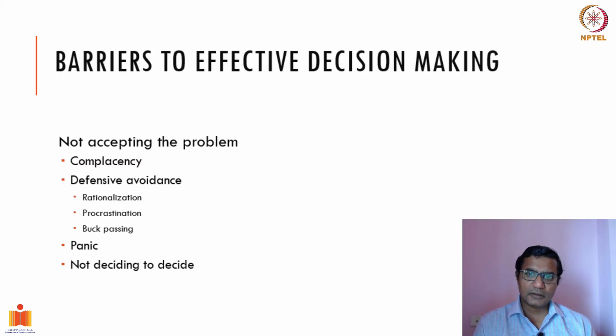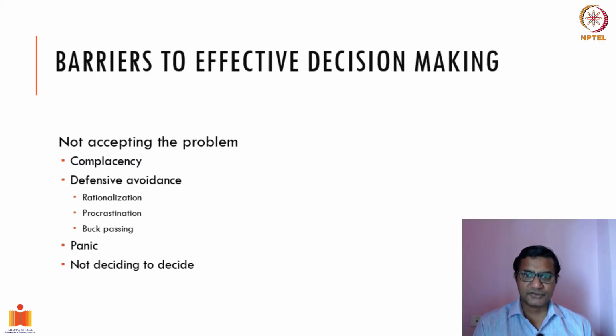In the earlier slide we spoke about rational and non-rational approaches. Here we are going to talk about the barriers which stop people from making decisions. Many times we don't even get into the situation where we have to take decisions.